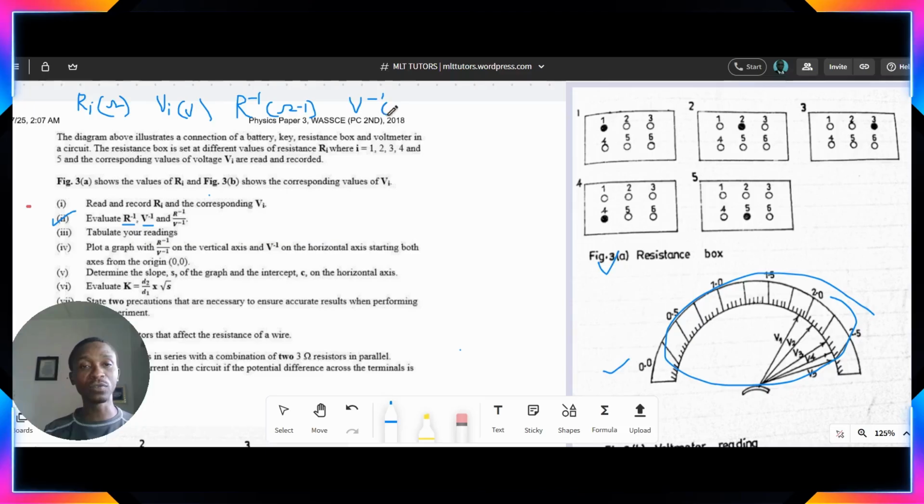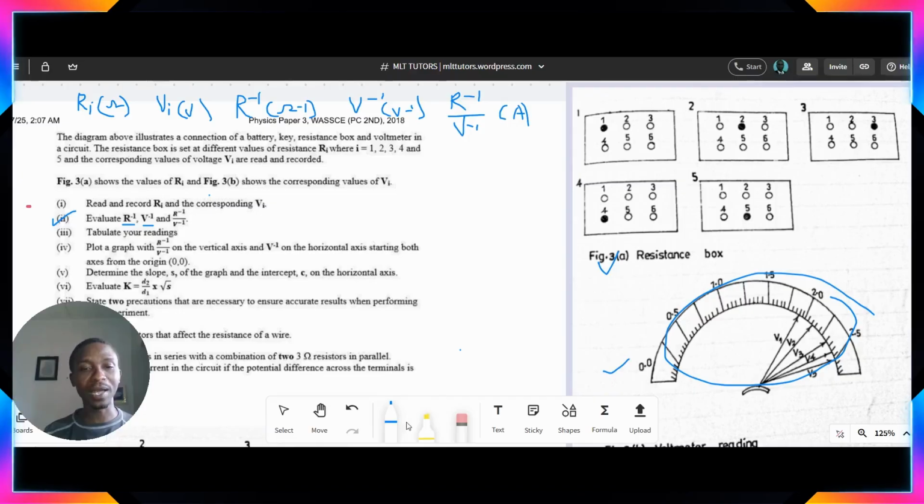The unit of that will also be per volt. Then the last task on Roman figure 2 is to do the ratio of R inverse to V inverse. If you compute your unit very well, R inverse over V inverse will give you ampere. And I think that's all on Roman figure 2.